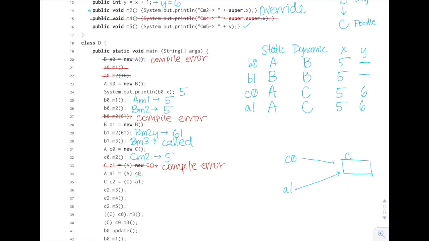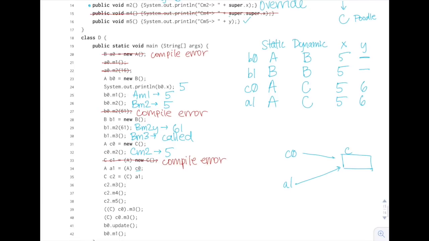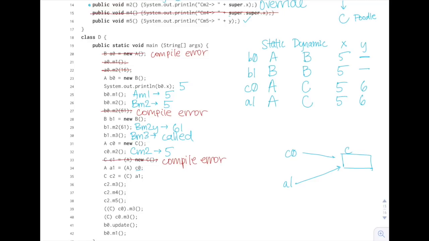Okay. Now, C2 equals C of A1. All right, so that's fine. So let's make a new variable C2 with static type C. Okay. And then we're going to assign it A1 with the cast to C. So A1 does have static type A, but because of the cast, we promise the compiler that it's okay, so the compiler doesn't throw an error.